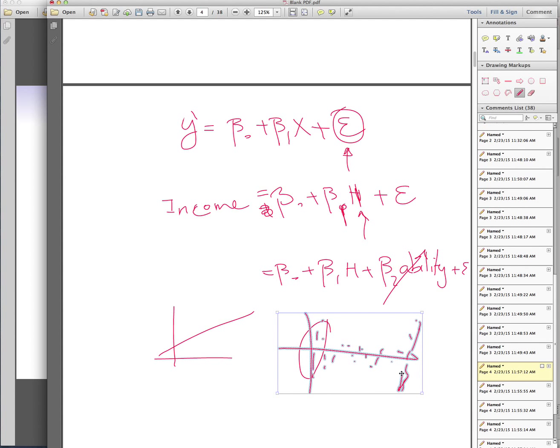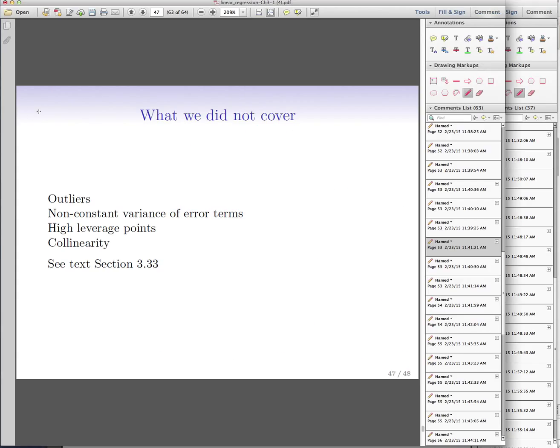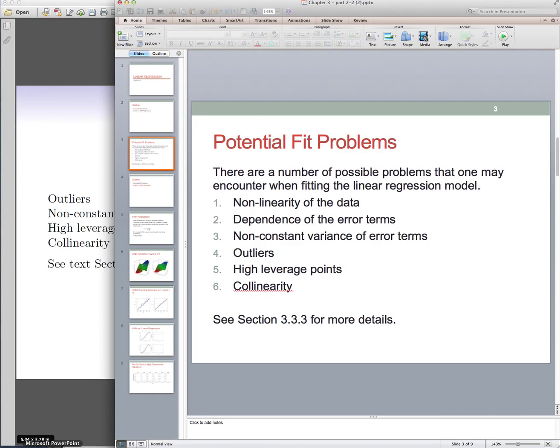If such a thing happens, then you cannot use your regression line the same way you do now. You should use GLS to fix it. But again, this is not part of our discussion. I'm just going to quickly go over it.